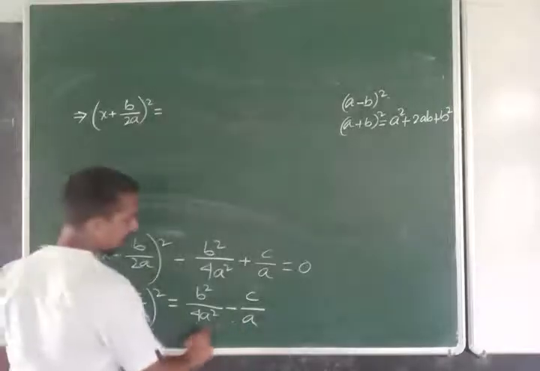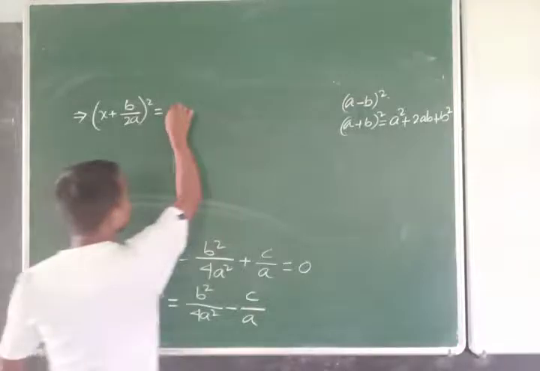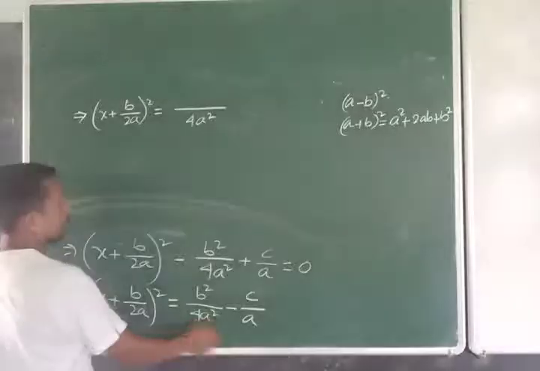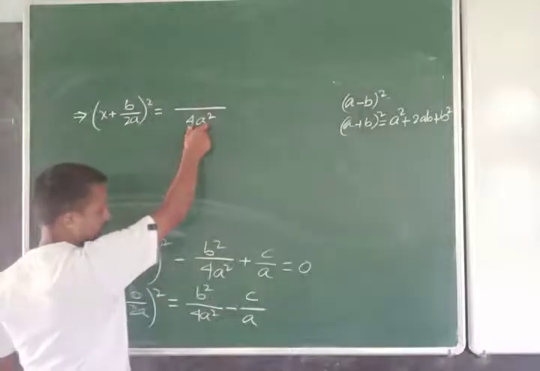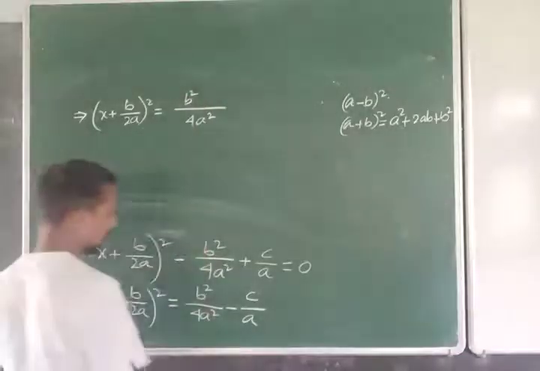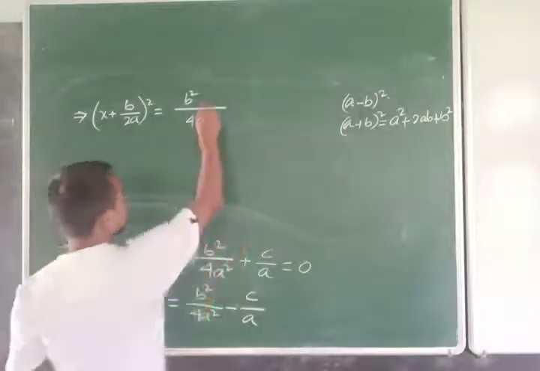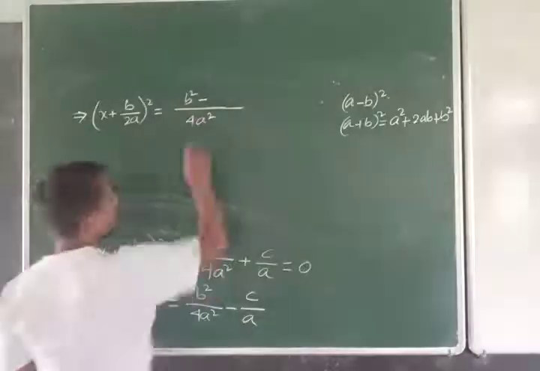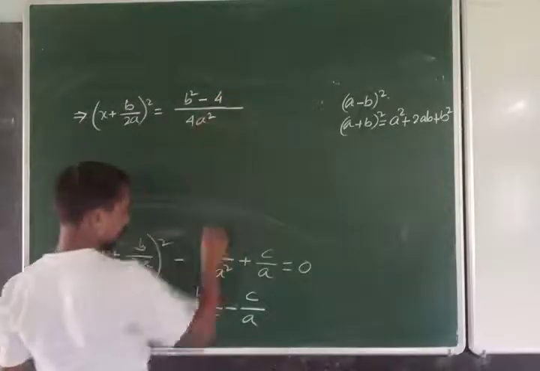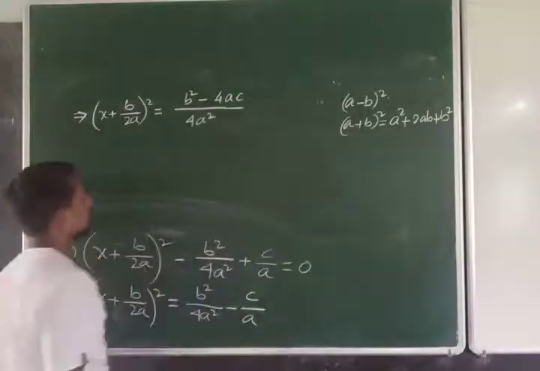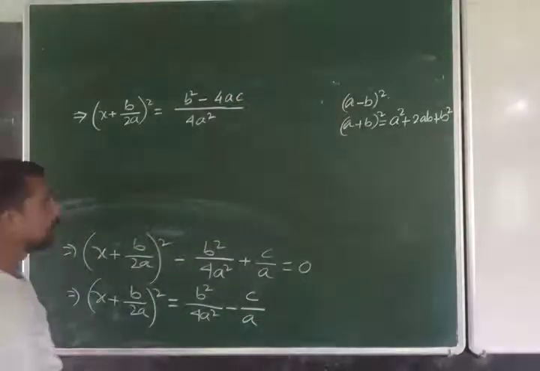We can take the LCM of these two terms, 4a square. So 4a square divided by 1 is b square minus, a will divide 4, a and c, or a.